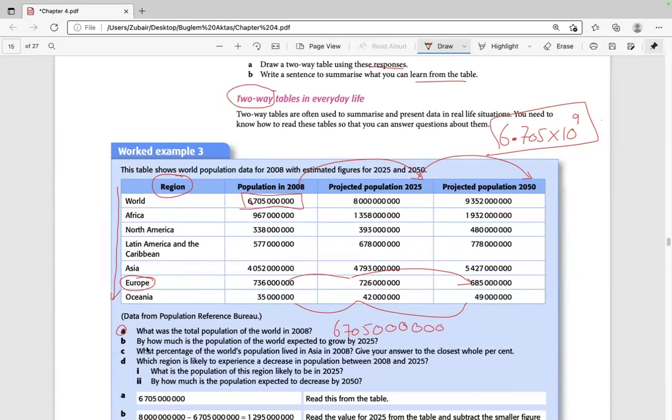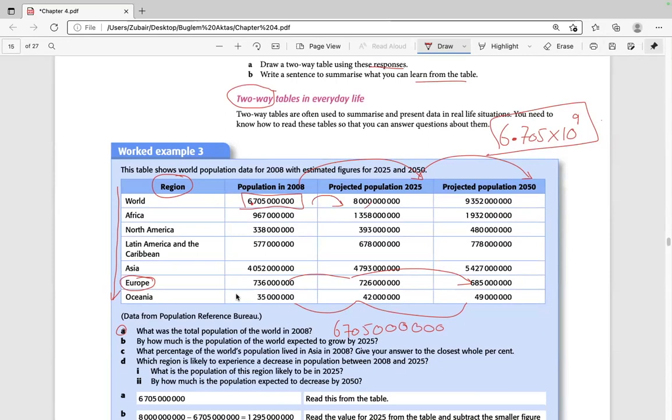B part. By how many is the population of the world expected to grow by 2025? So it is expected to grow by 8,000 million people. Is it saying we subtract both numbers or just write 8 million? We can answer that by how much it is expected to grow.